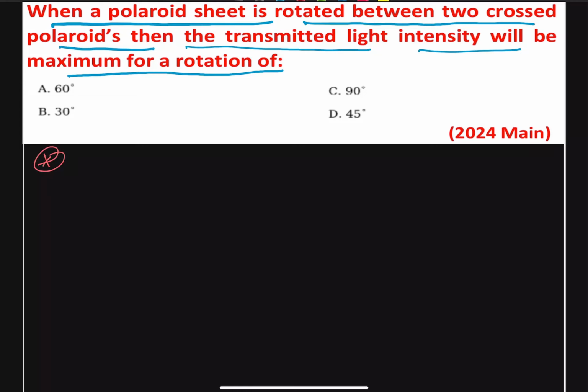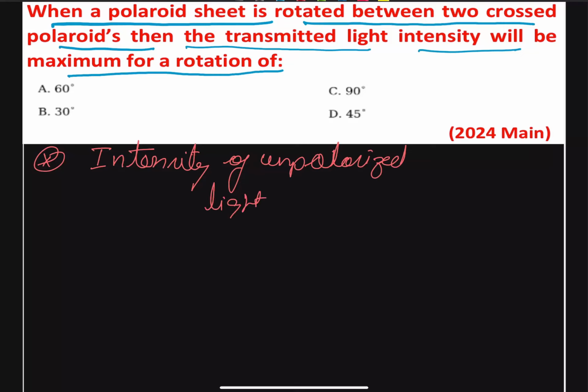So in the first part, the intensity of unpolarized light is I naught, and the intensity of the light transmitted from the first polaroid, let us suppose, is I1. So I1 will be equal to I naught divided by 2.